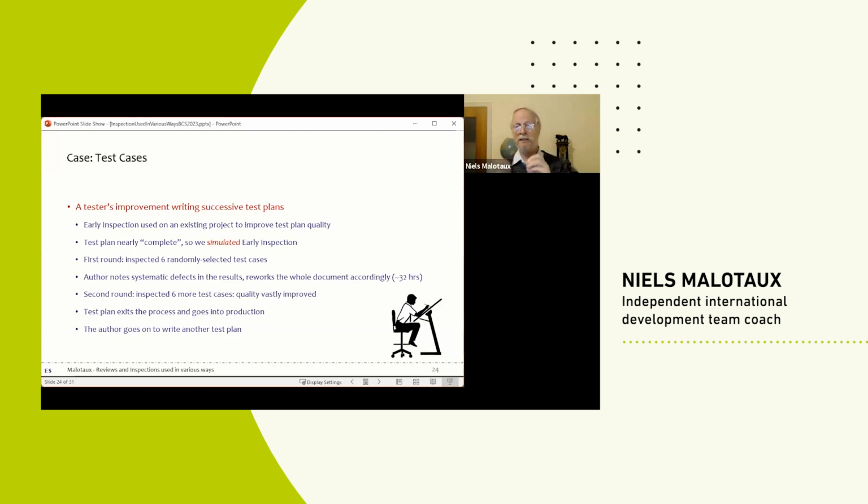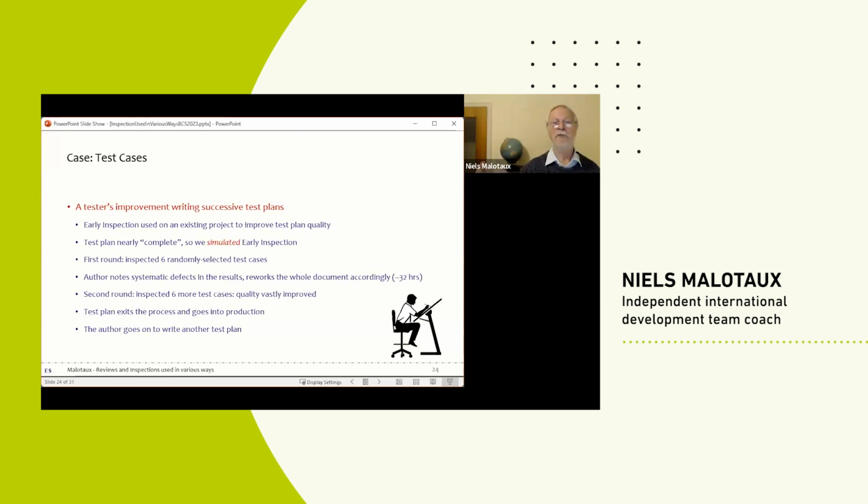So to simulate the result of early inspection process, they said, let's first take a sample. We simulated early inspection by taking a sample of 6 randomly selected test cases out of his document. We brought back the results. The author notes the systematic defects in the results, so reworks the whole document accordingly.